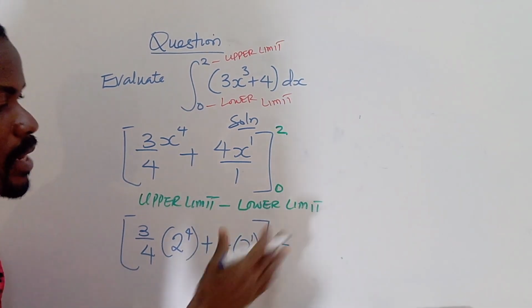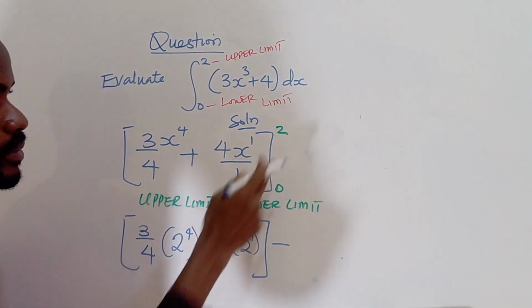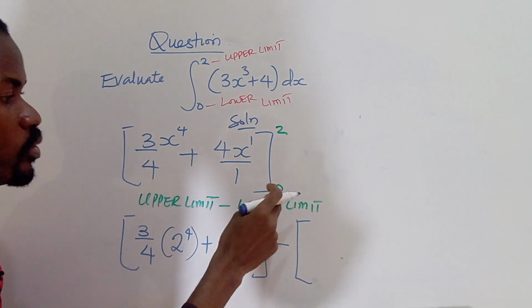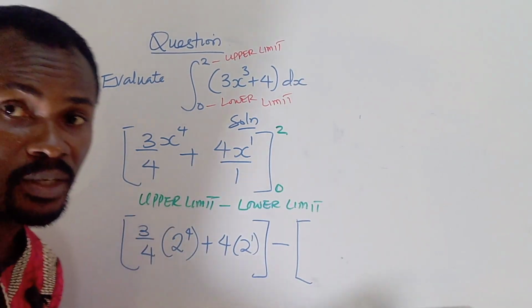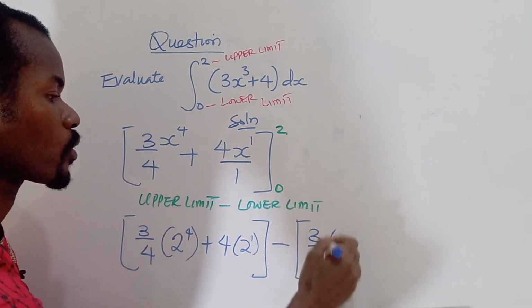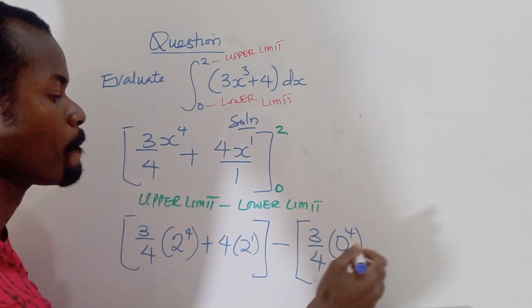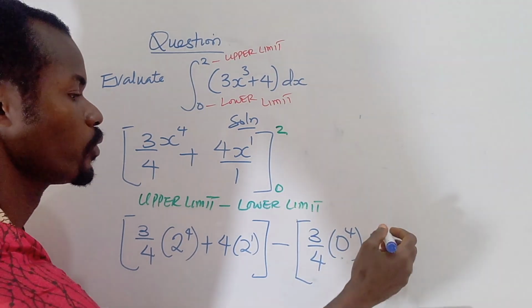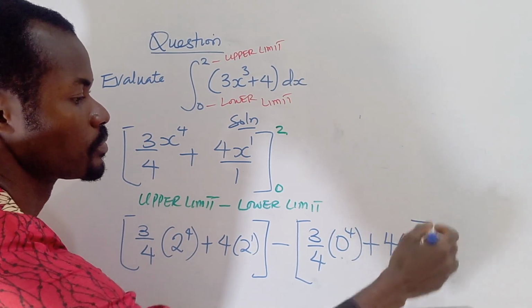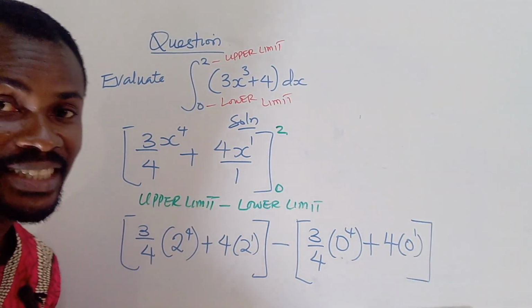Minus, now this is for the upper limit, which we have input as 2. For the lower limit, we put 0 for the value of x. So we have 3 over 4, 0 raised to the power of 4, plus 4 multiplied by 0 raised to the power of 1, which is still 0.